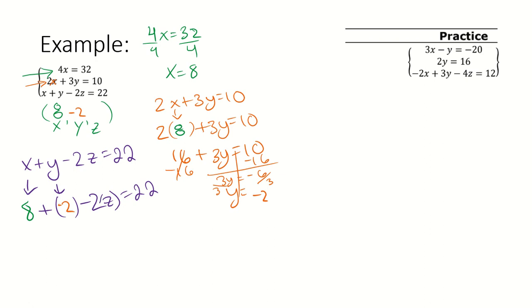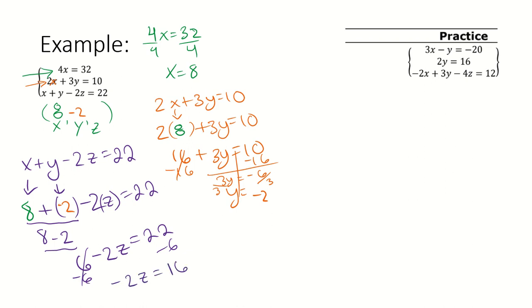And we solve for z. 8 plus negative 2, that's technically saying 8 minus 2. So that's going to give you 6. And then you have minus 2z equals 22. Minus 6 on both sides, and you end up with negative 2z equals 16. And then now you divide by negative 2 on both sides, and z equals negative 8.